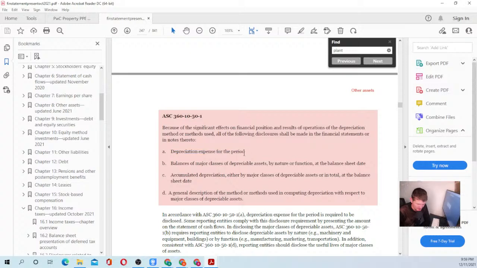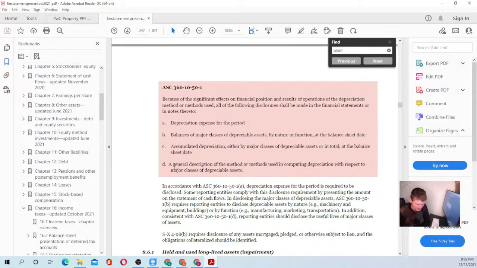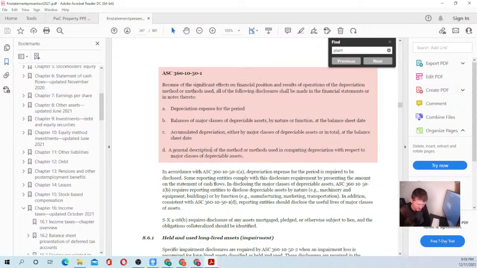Depreciation expense for the period, balances of major classes of depreciable assets by nature or function at the balance sheet date, accumulated depreciation either by major classes of depreciable assets or in total at the balance sheet date, and a general description of the method or methods used in computing depreciation with respect to major classes of depreciable assets.